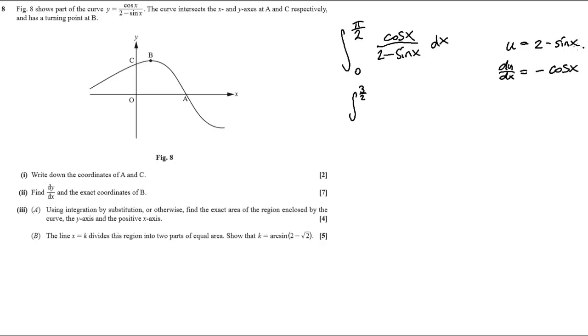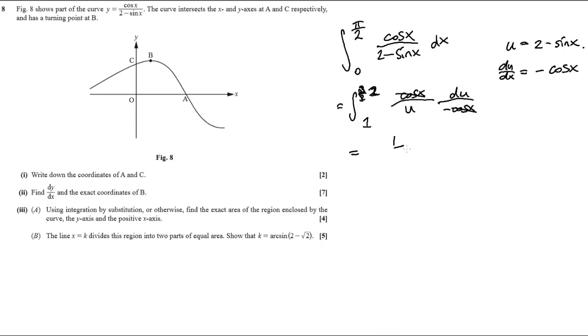Wait, actually no, it's 1, so that's 1 rather, and sine of 0 is 0, so we've got 2, so actually it's 1 and 2. Then we have cosine of x on u. We want du, and so we also have a minus cosine x on the bottom, and they in fact cancel, which means that this is the correct substitution.